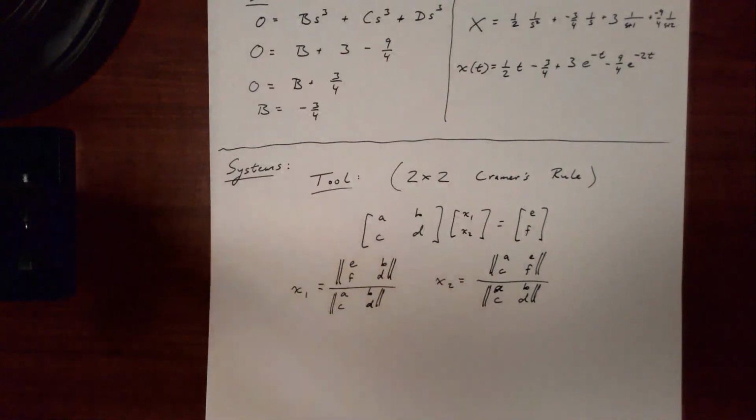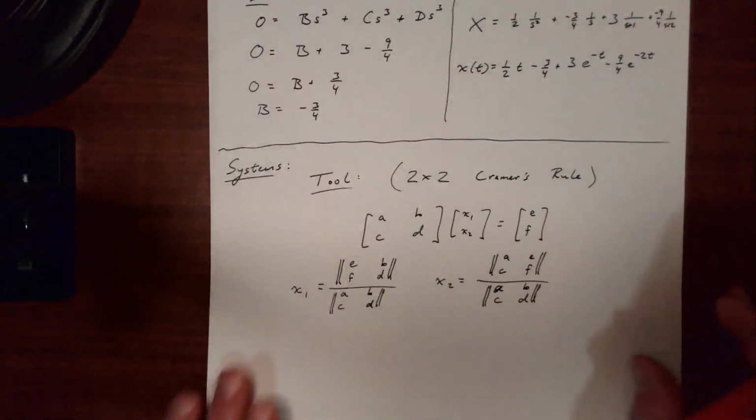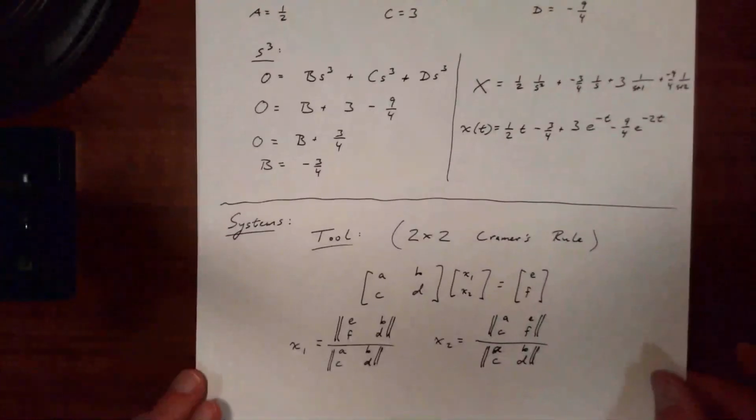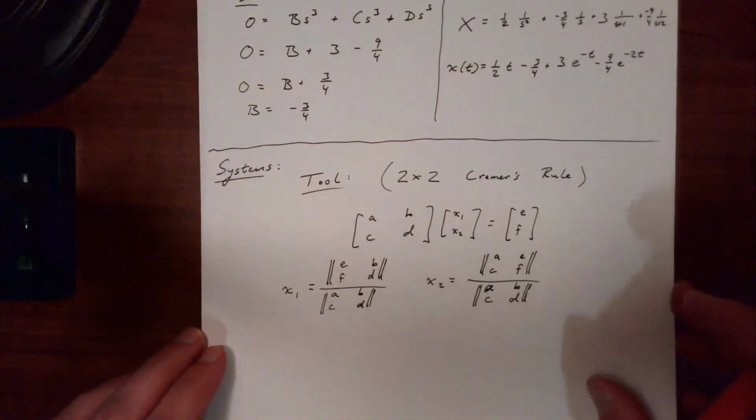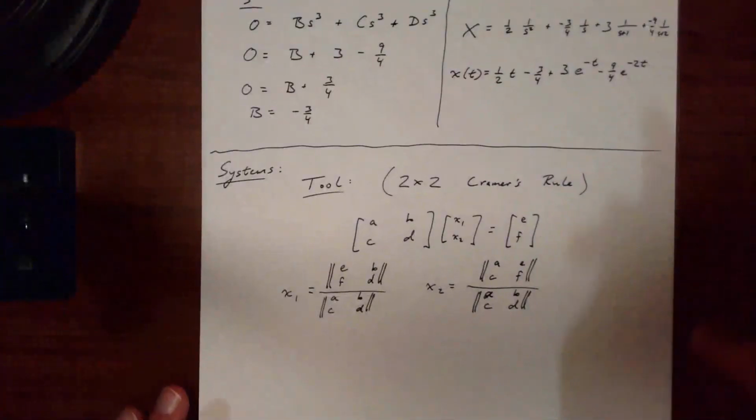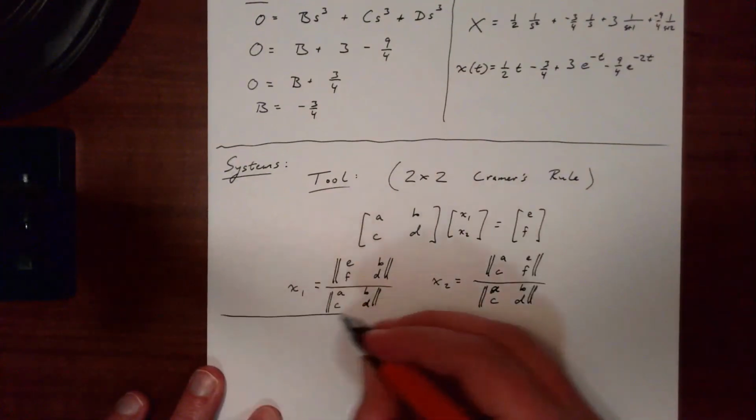Now, is this as easy to do as it is to say? No, not really. As is frequently the case in Laplace transforms, the idea is not so bad. The execution is where they get you. So let's try an example of this.